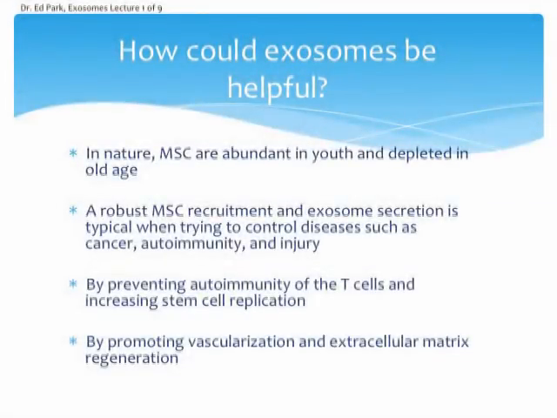Finally, how could exosomes be helpful? Well, in nature we know that mesenchymal stem cells are abundant in youth and depleted in old age. It's said that 1 in 10,000 cells in the bone marrow biopsy of a newborn is MSC, whereas when you're in your 70s, it's perhaps 1 in a million.